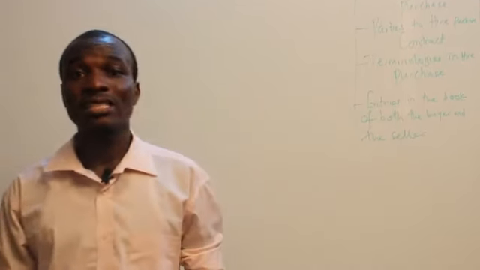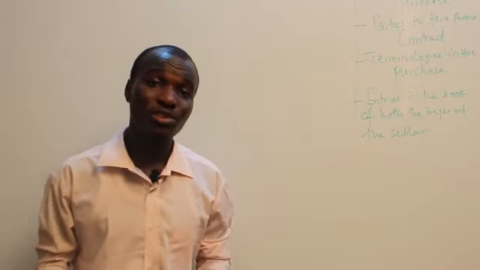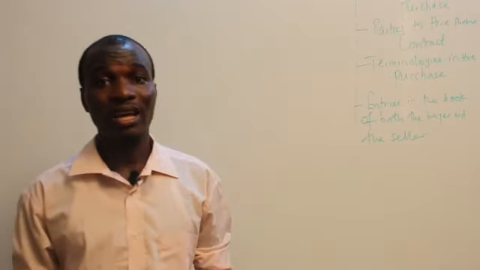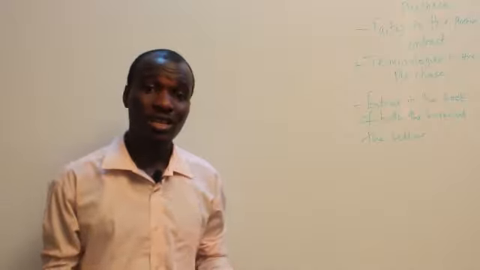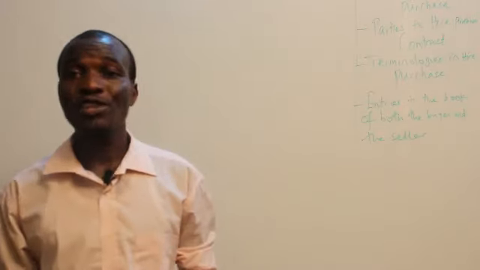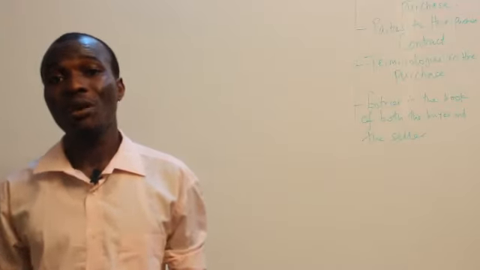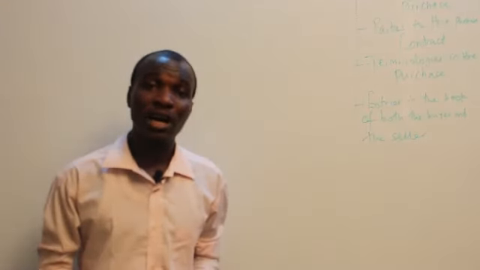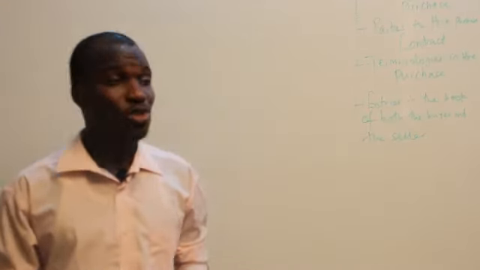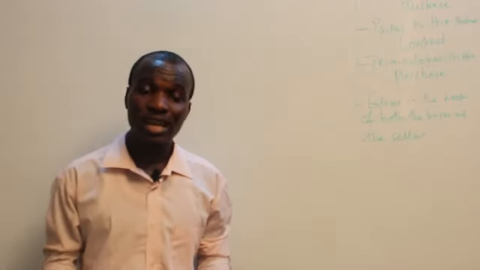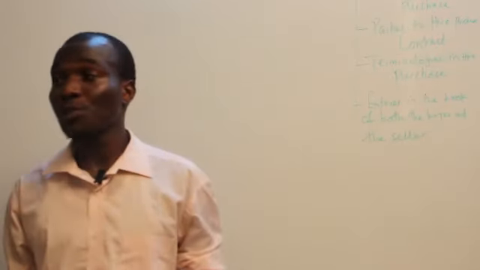It says that the seller only transfers possession to the buyer in return for instalment payments by the buyer until the final payment is made, whereby the buyer will then become the final owner of the goods. So in hire purchase, the seller transfers possession of the goods.